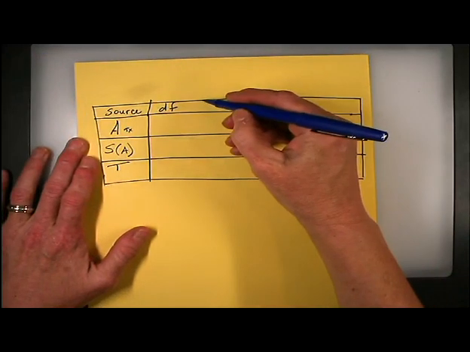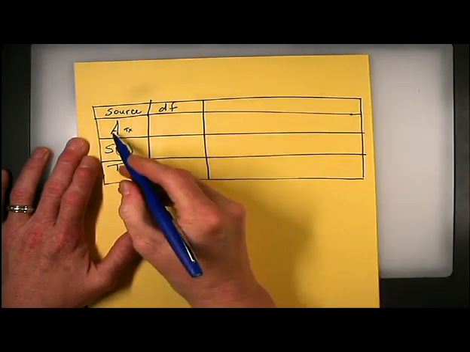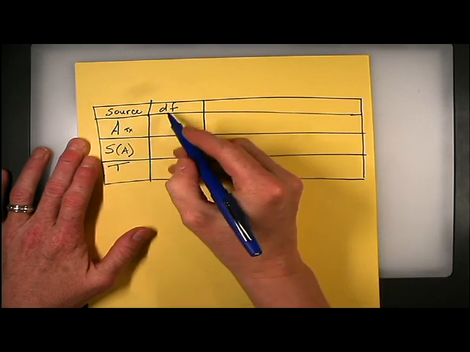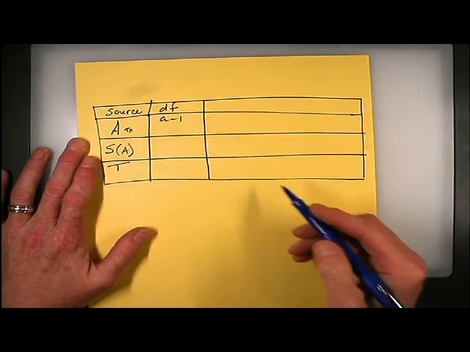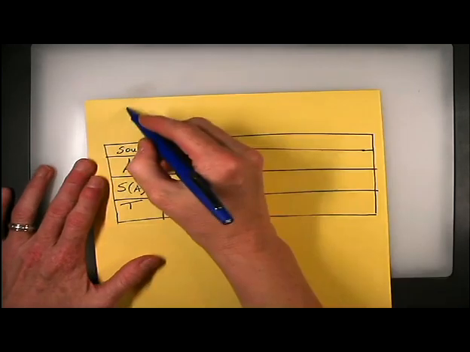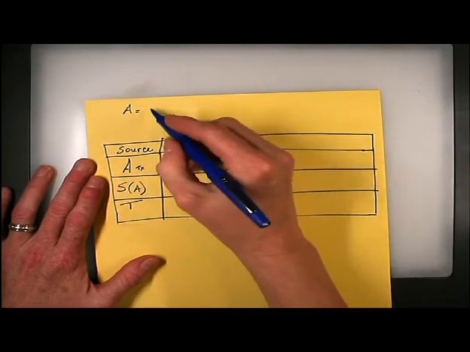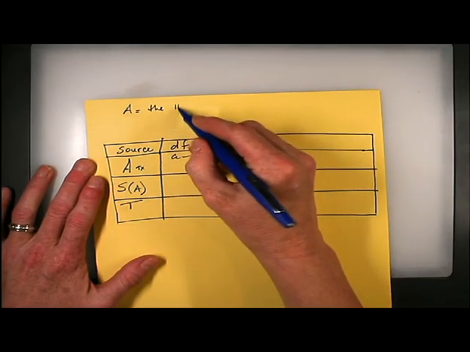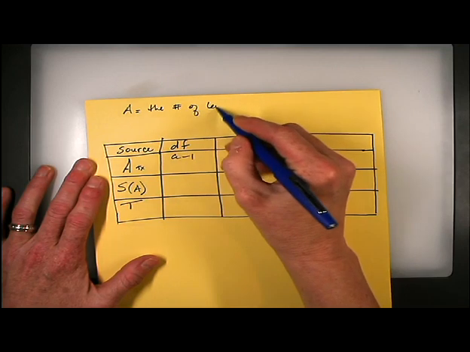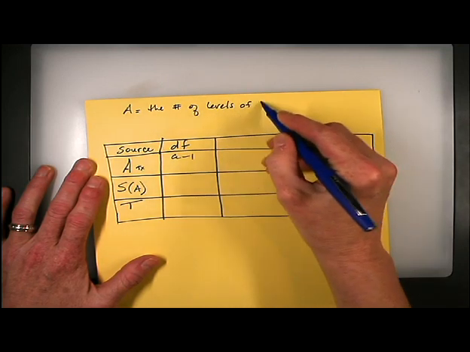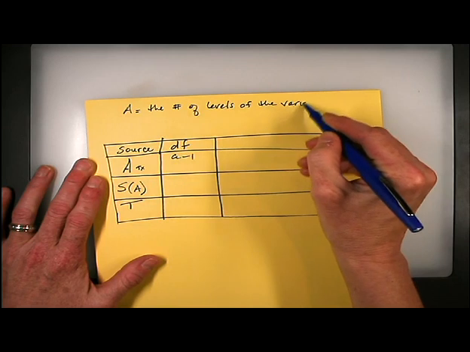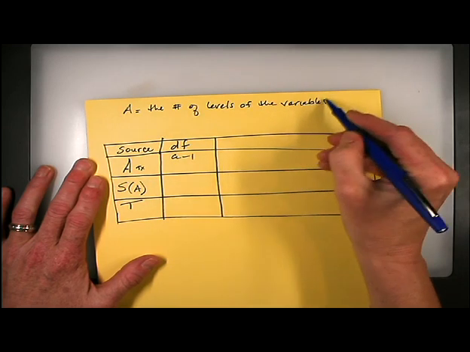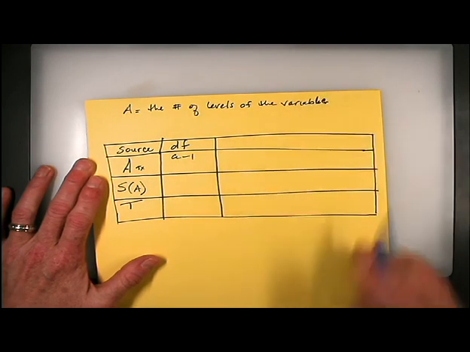Our degrees of freedom formula for the A term, okay, is A minus 1. And A is equal to the number of levels of the variable that we're considering.